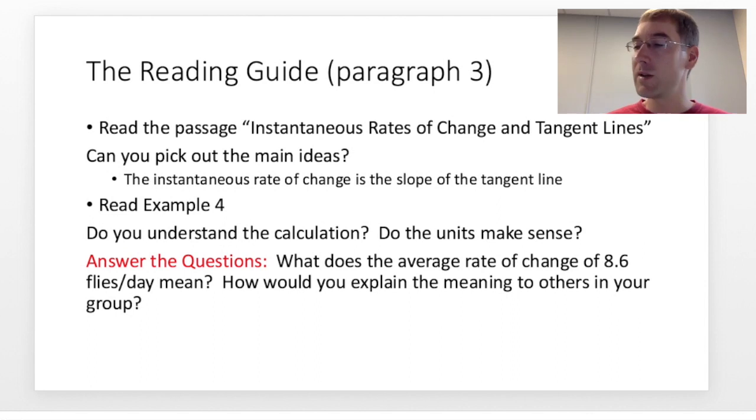Now you're also asked, what does the average rate of change mean in this context? And would you be able to explain it to your group? So here's one interpretation. If the number of flies changes at the rate of 8.6 flies per day, then from day 23 to day 45, the number of flies increases from 150 to 340.